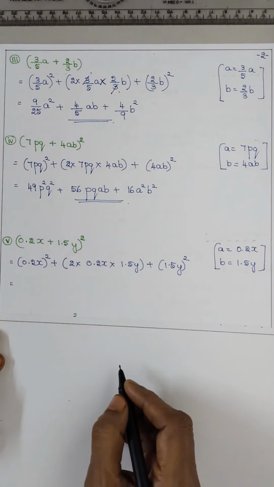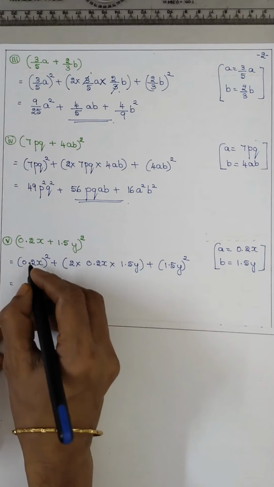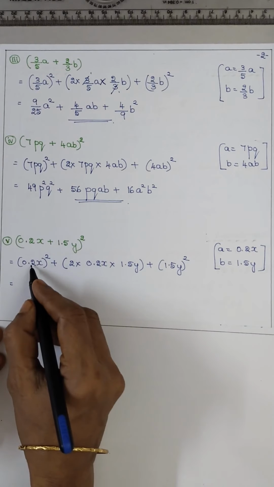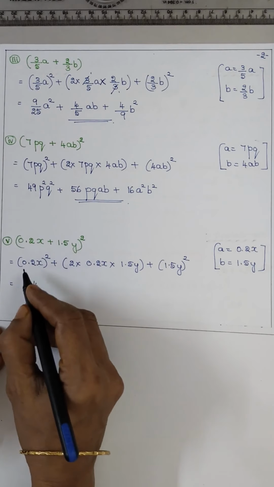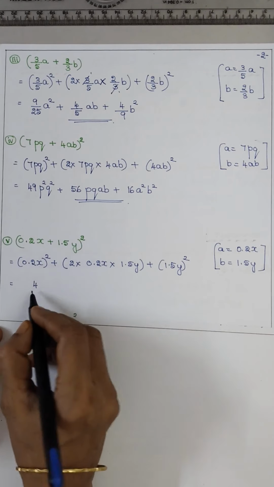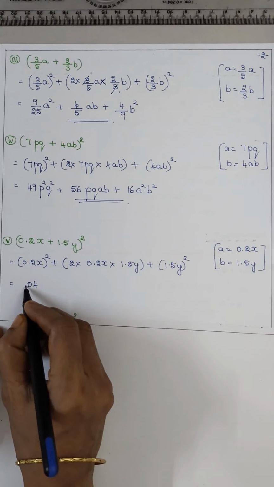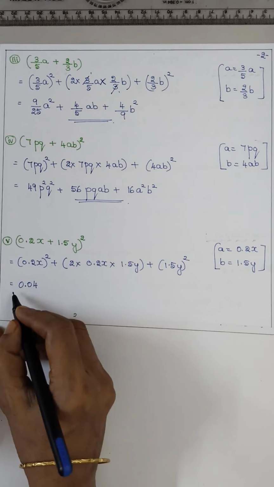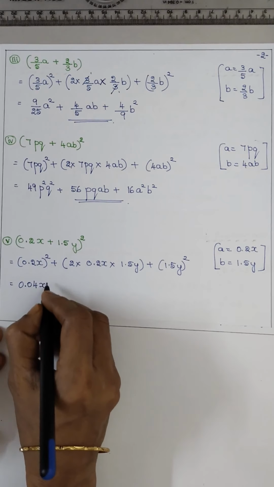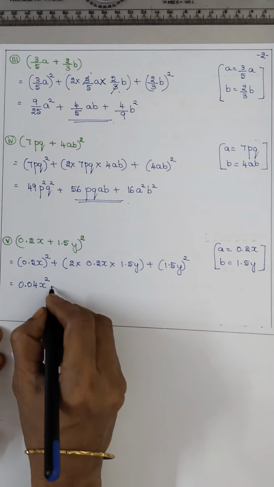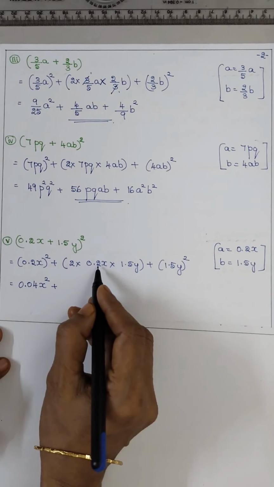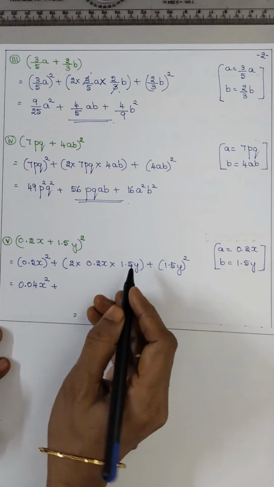Now in decimals, the square, 2 squared is how much? 4. But in the decimal, 1 decimal place squared will be 2 decimal places. So here it is 1, 1, 2. Put a 0 on the left side and then the decimal point, x squared, plus 2 2s are 4, 4 15s are 60.